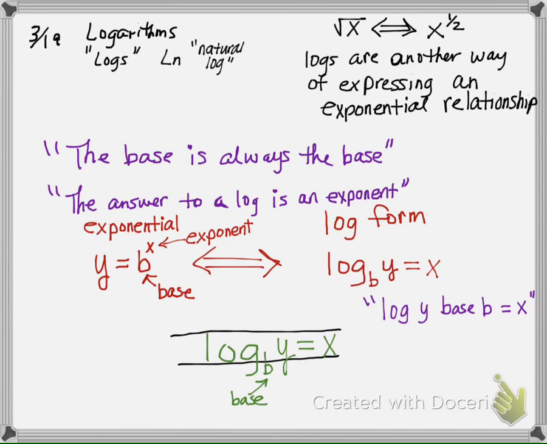Log y base b equals x. Those are the words you say. I'm telling you how to pronounce this relationship. Log y, then you name the base. Base b is equal to x. I'm just letting you know the correct way to state this. Log y base b is equal to x.